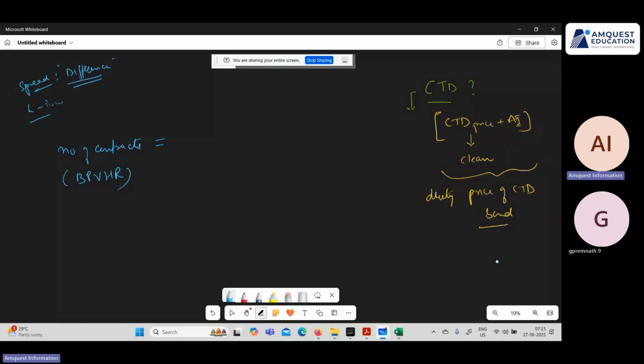So in the CTD bonds, when you calculate the number of contracts and you get a value in points, and you are not able to hedge it completely, it means there is some kind of a basis risk or a spread risk.